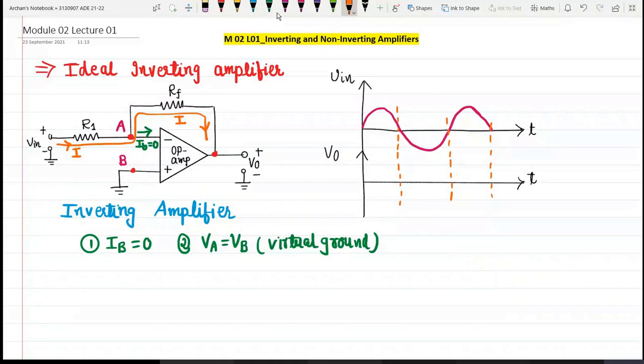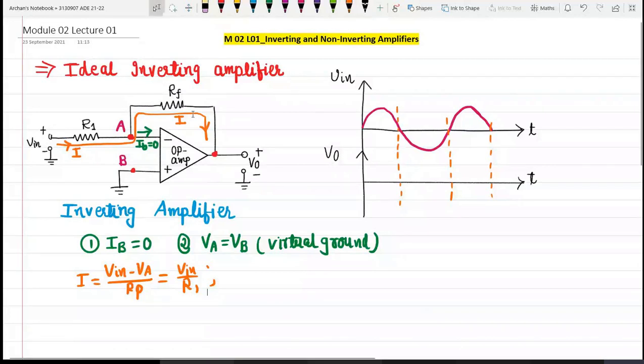Now a certain magnitude of current I is flowing from the Vin terminal to terminal A, and this current is Vin minus VA divided by R1. So I is equal to Vin minus VA by R1. But VA is equal to 0, so this current is Vin by R1. Similarly, on the output side, there is also a current flowing through the feedback resistance RF.